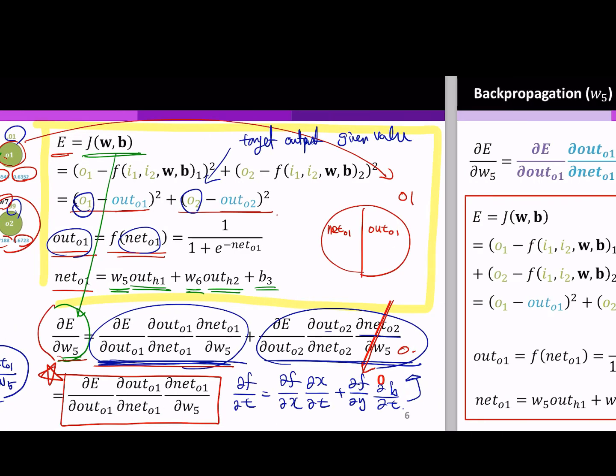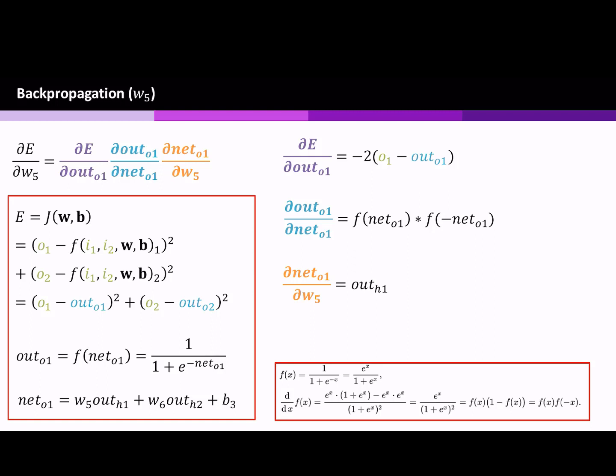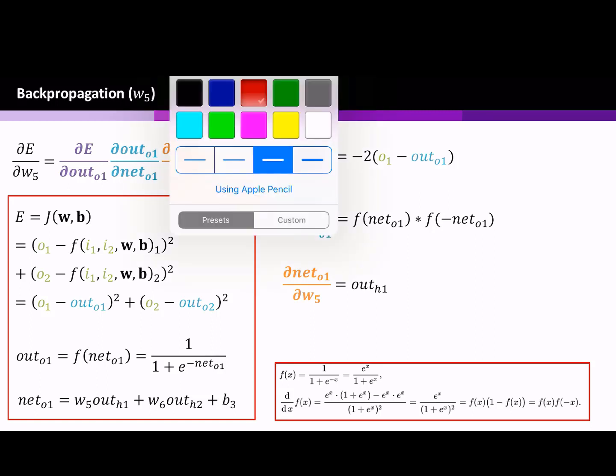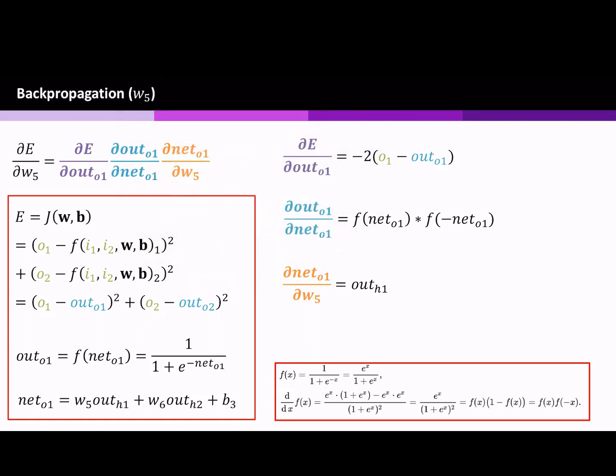Okay, so let's compute the individual values. What about this value? The error function is represented like this: one half (O1 minus x) squared plus (O2 minus y) squared.